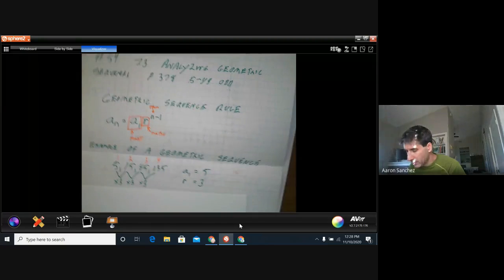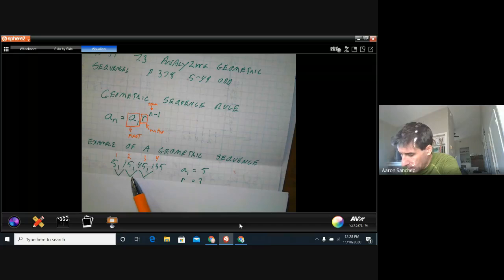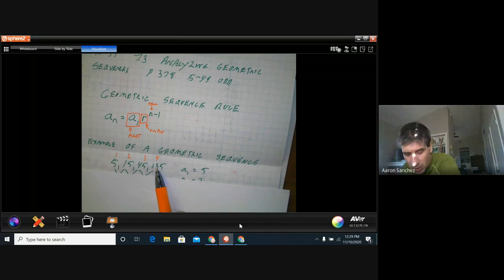Now, here is an example of a geometric sequence. We have 5, then we have 15, then we have 45, then we have 135. The first term is 5, the second term is 15, the third term is 45, the fourth term is 135.